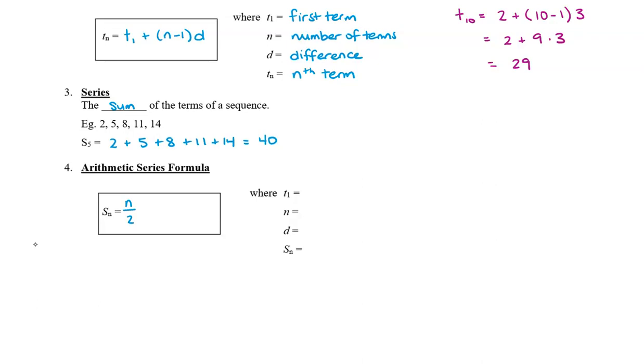So it's n divided by 2, and then in square brackets, 2 times T1 plus n minus 1 times D. Same as before, T1 is our first term, n is the number of terms, D is again the difference, and Sn, the S stands for the sum of n terms.